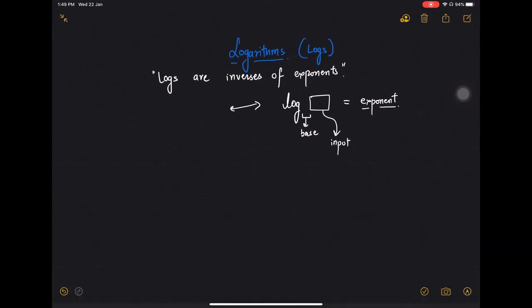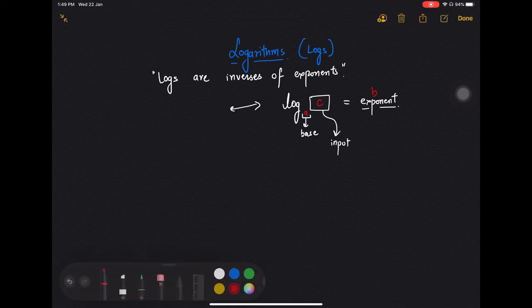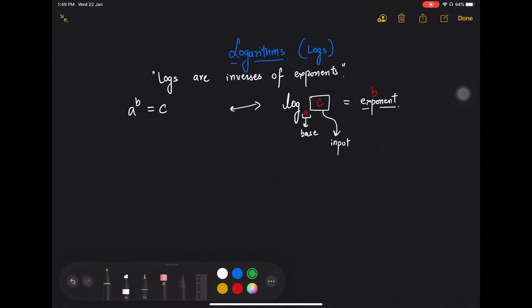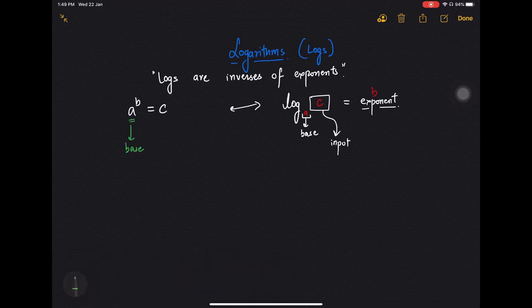If I have base of A and input value is C, then you get a B. Then in what we have been doing, we'll say that we have A raised to power B is equal to C. So what we have here in exponent is a base, an exponent, and the result.